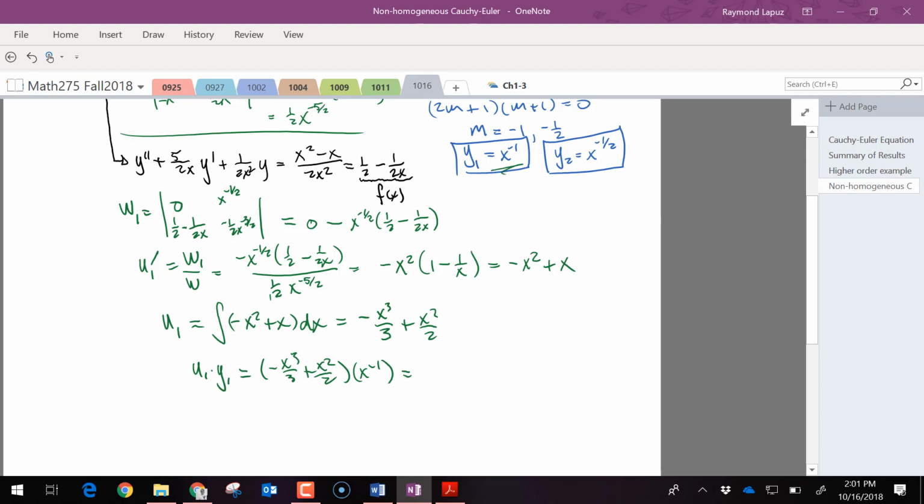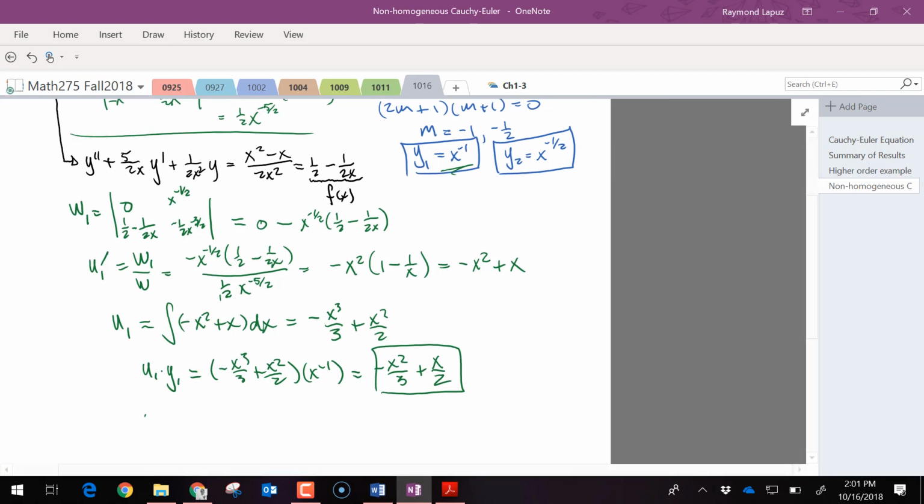And then you can just work this out: negative x squared over 3 plus x over 2. So that's one part of your particular solution, and then you would go through the W2 and then put it all together to get your particular solution, and then you add the linear combination of y1 and y2.